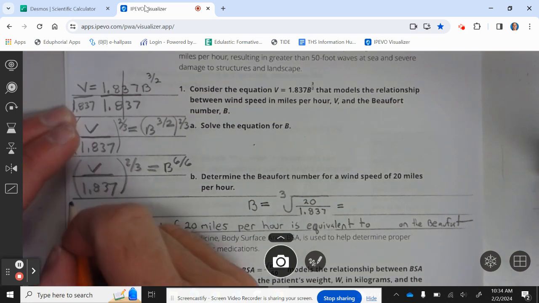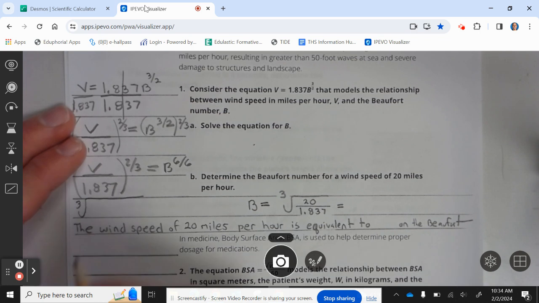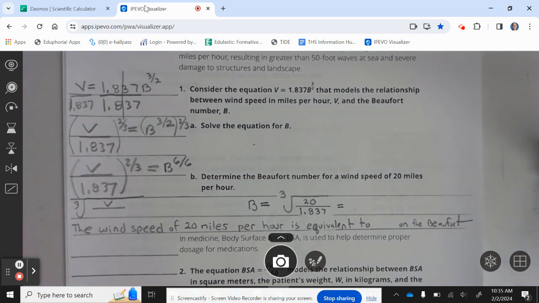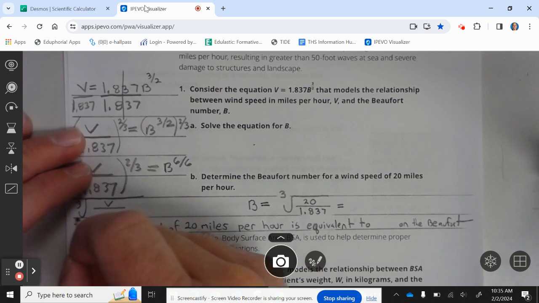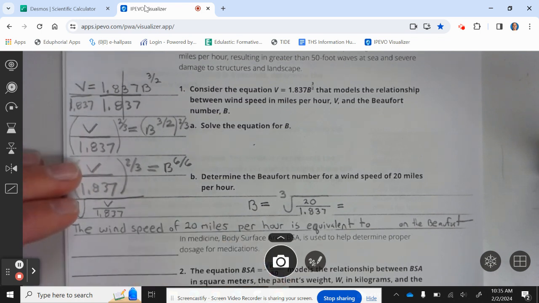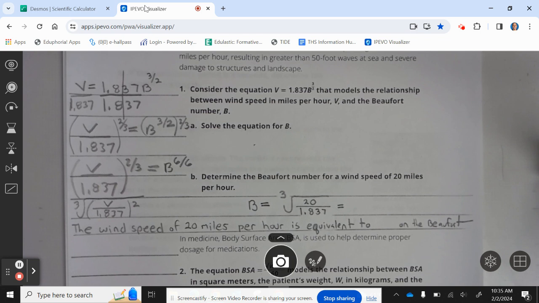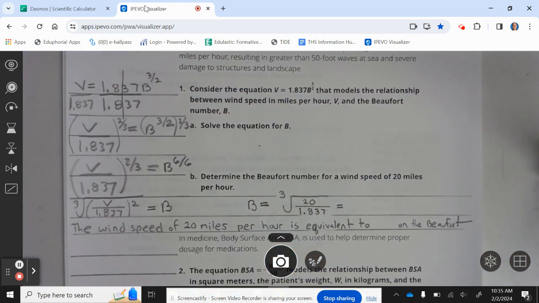And then this can be rewritten as the third root of v divided by 1.837 squared equals b. All right, go ahead and finish that up.